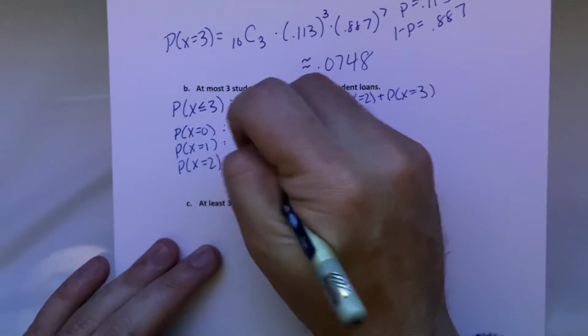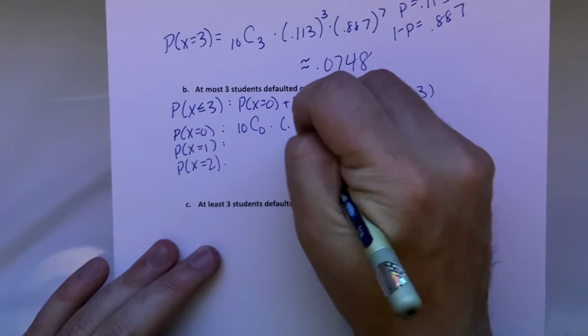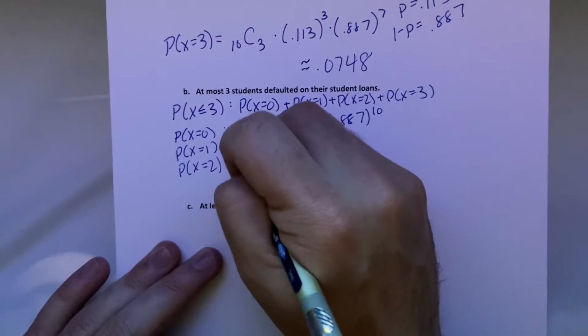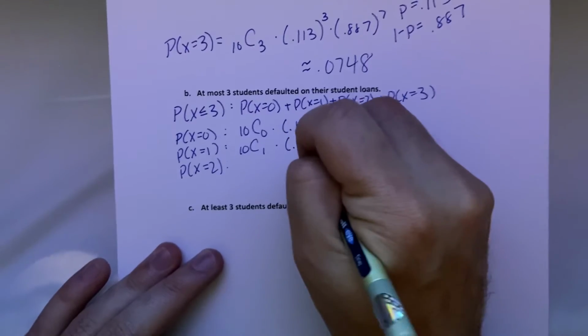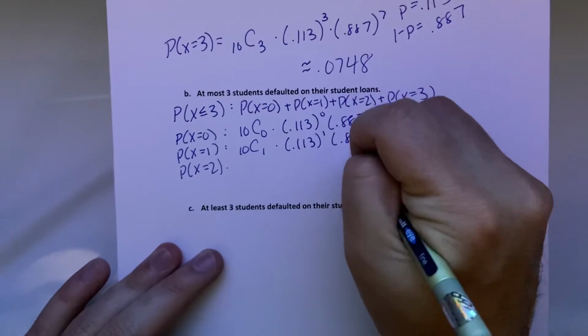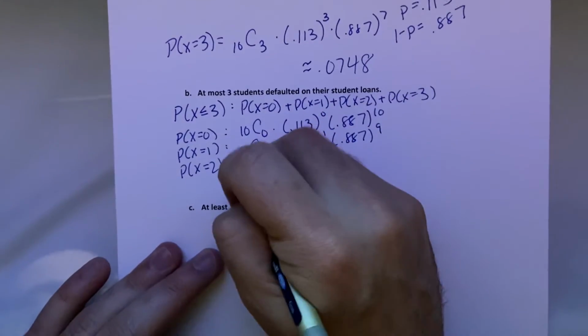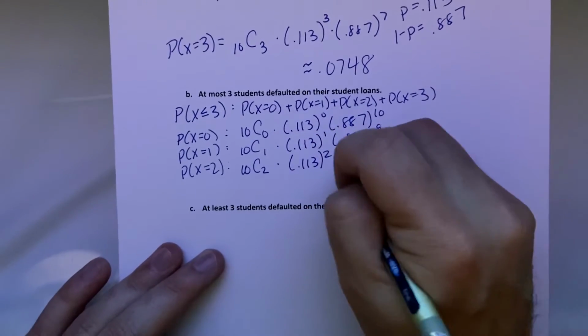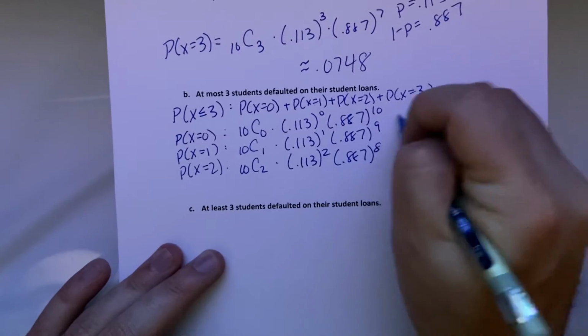That would be 10 choose 0 times 0.113 to the 0th times 0.887 to the 10th. 10 choose 1, 0.113 to the 1st, 0.887 to the 9th, and 10 choose 2, 0.113 to the 2nd, 0.887 to the 8th. Oof.